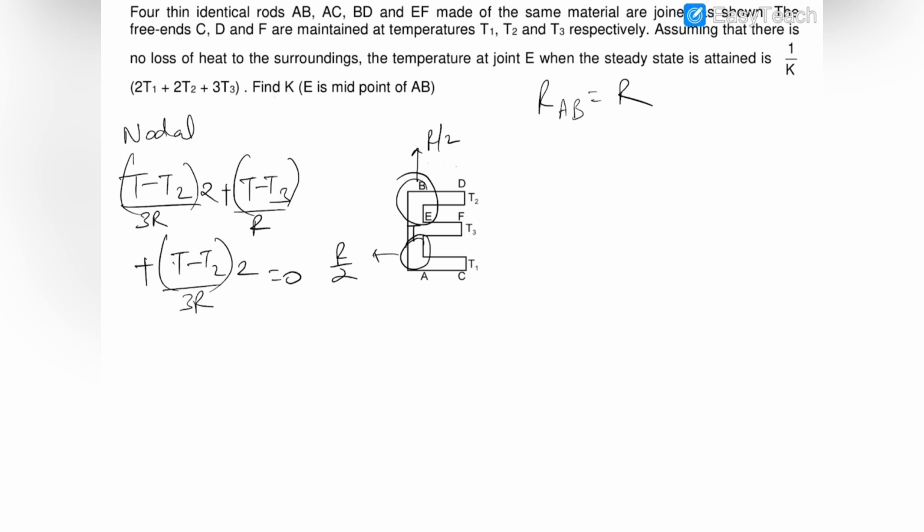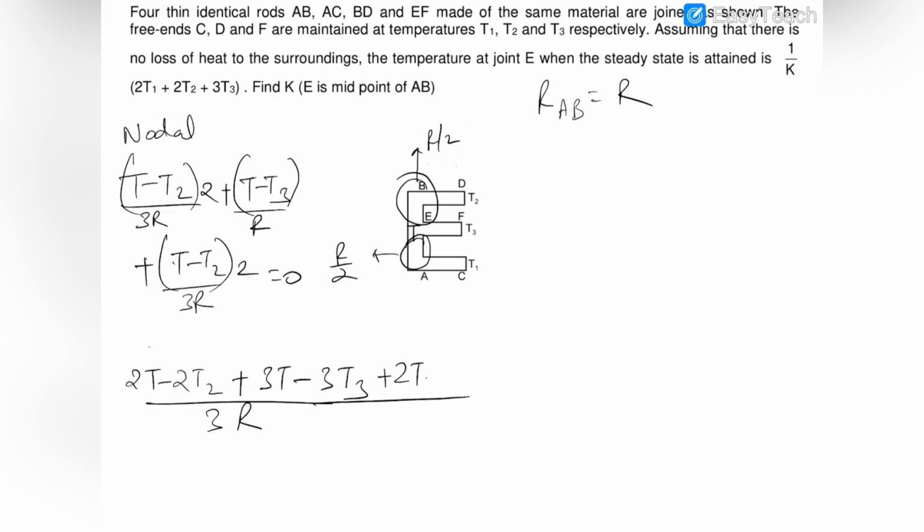If we find out the LCM, which would be 3R, the equation will be 2T minus 2T2 plus 3T minus 3T3 plus 2T minus 2T2, and this would be equal to 0.